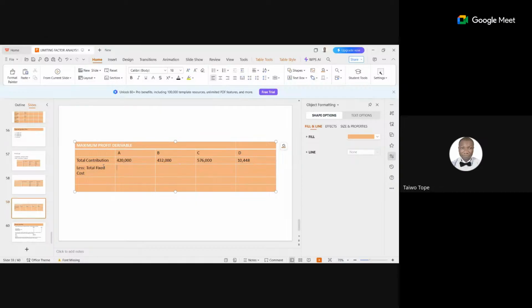From what we've computed, the result will be what here? 20,000. 20. 32. 72. And 10,000. So the profit will now be what? For product A, 400,000.